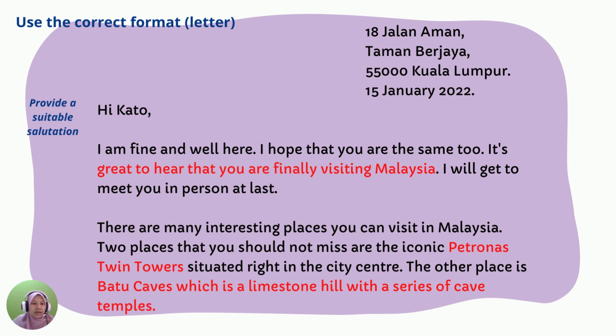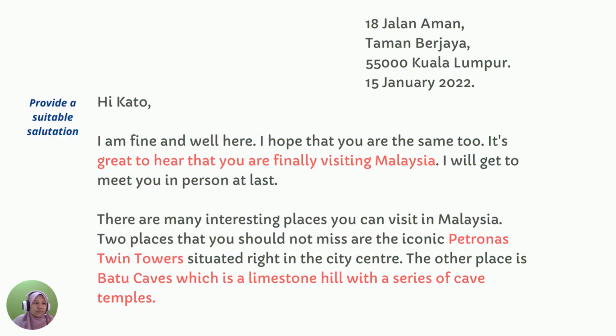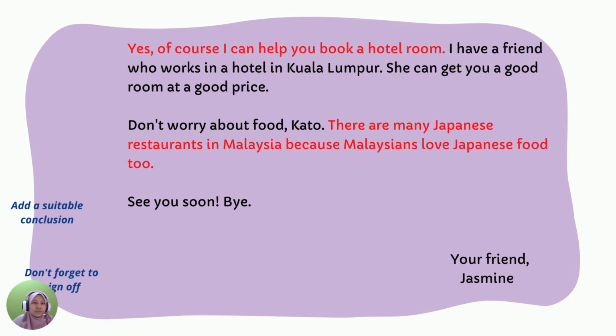Next paragraph. There are many interesting places you can visit in Malaysia. 2 places that you should not miss are the iconic Petronas Twin Towers, situated right in the city centre. The other place is Batu Caves, which is a limestone hill with a series of cave temples. Next.